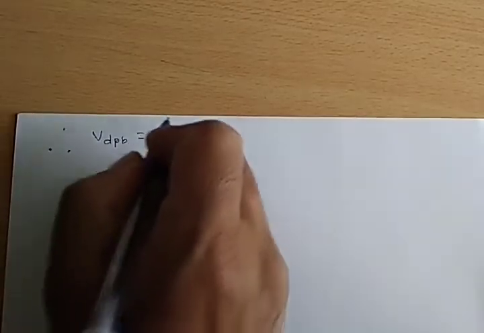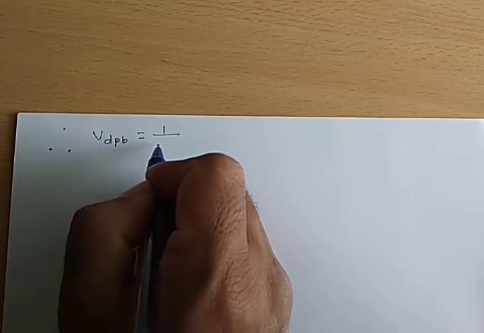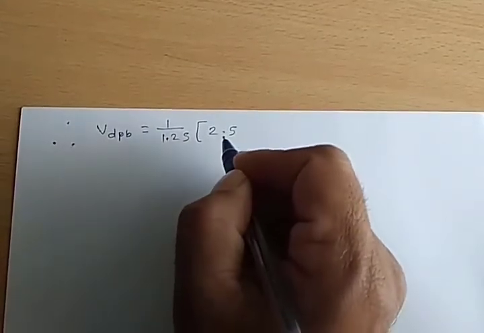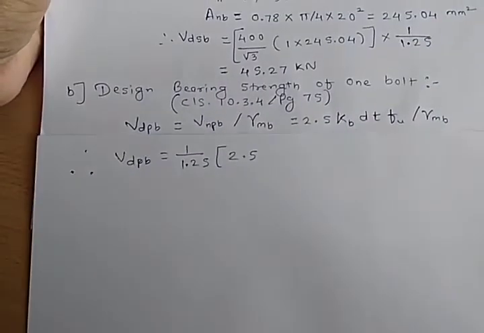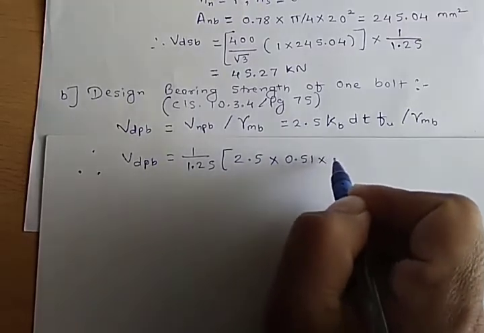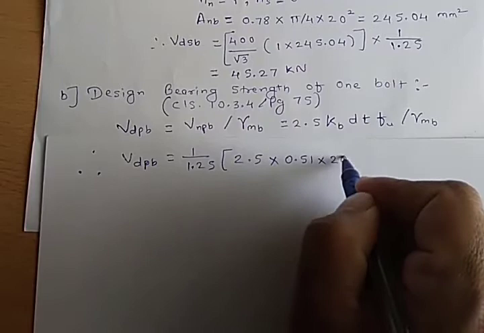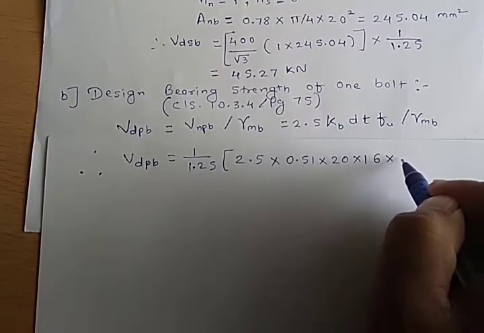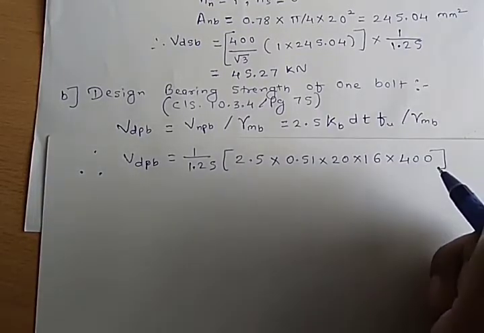Now we need to put it into the further equation, and therefore VDPB equals 1 by 1.25 into 2.5 into kb, which we just found as 0.51, into d, the value of d is 20, then thickness t equals 16, and then fu for the bolt, that is 400, divided by gamma MB, which we already wrote as 1.25.